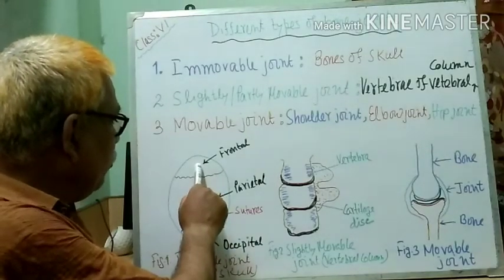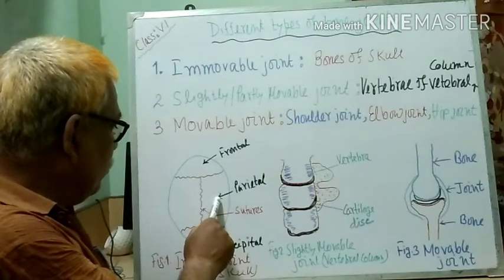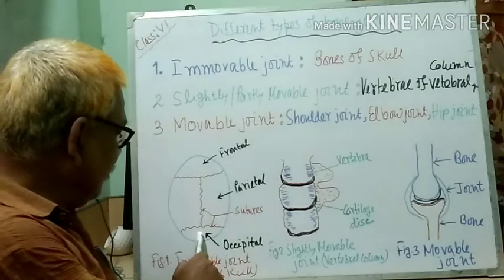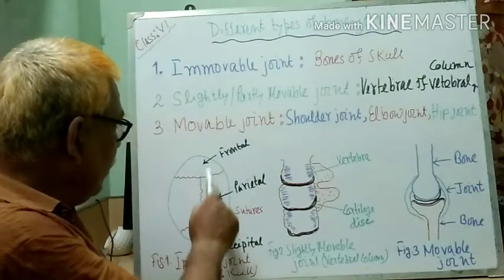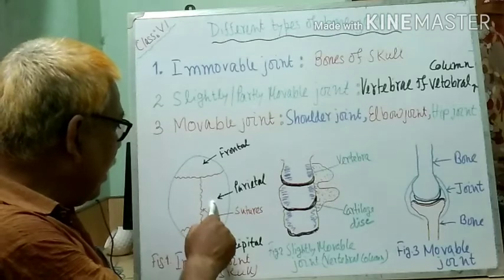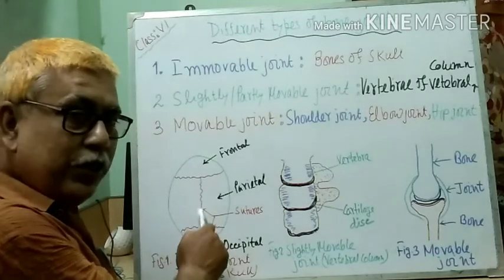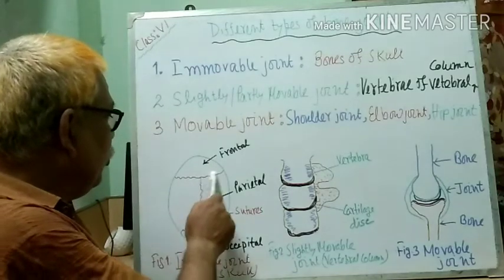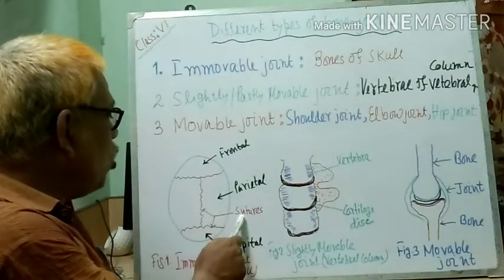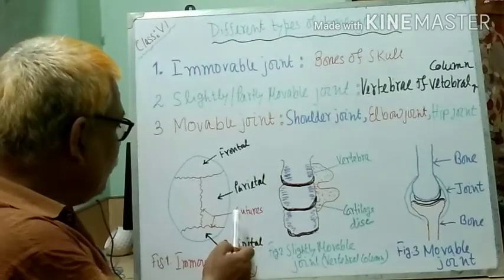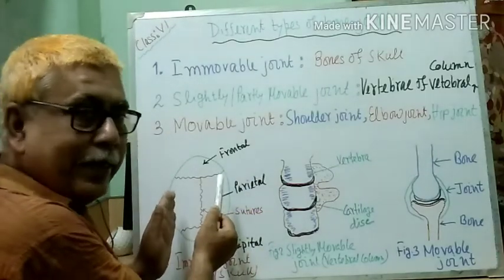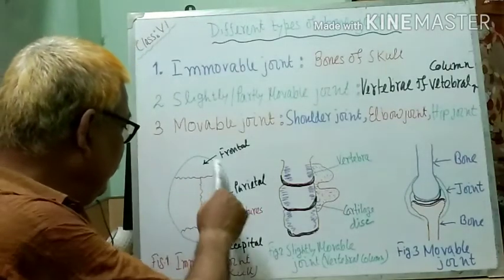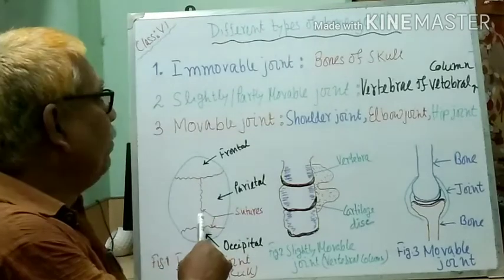This is the frontal bone, these two are parietal bones, and this is the occipital bone. Now, these bones are connected with each other through fibrous tissue. These are called sutures. Bones are firmly connected with each other, so they are immovable.